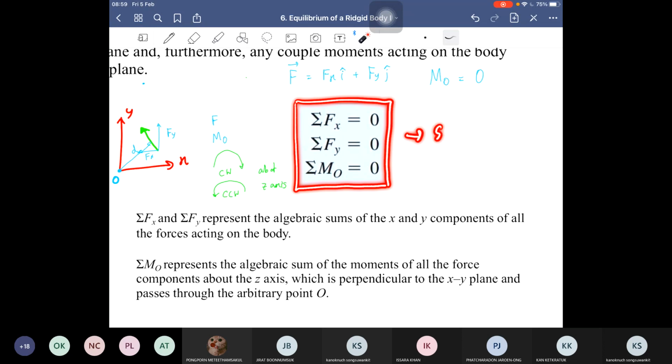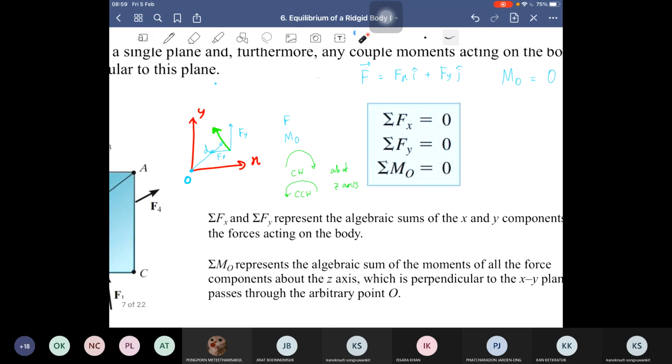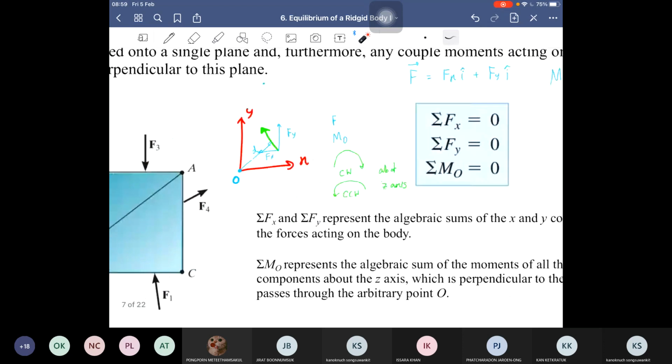Okay, sigma Fx equals 0, sigma Fy equals 0, and the moment about any point equals 0 too. Although you change the point from point O to, for example, point R, the moment still remains the same. So no moment is produced in the system.